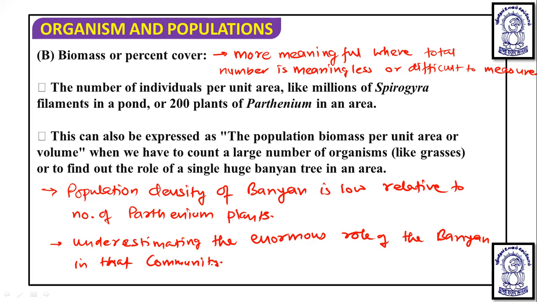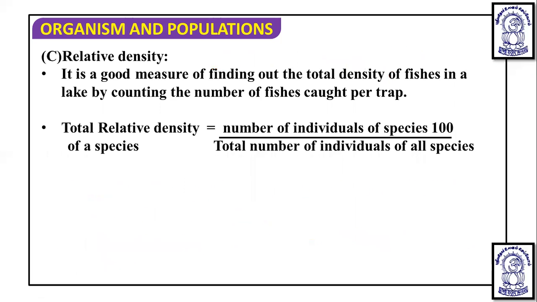Now after this, the next measure which can be used to calculate the population size is the relative density, and it is considered a good measure of finding out the total density of fishes in a lake by counting the number of fishes caught per trap. This relative density helps us to relatively measure the number.